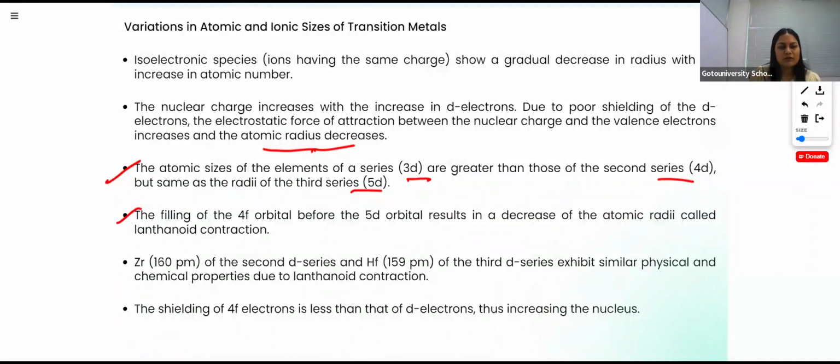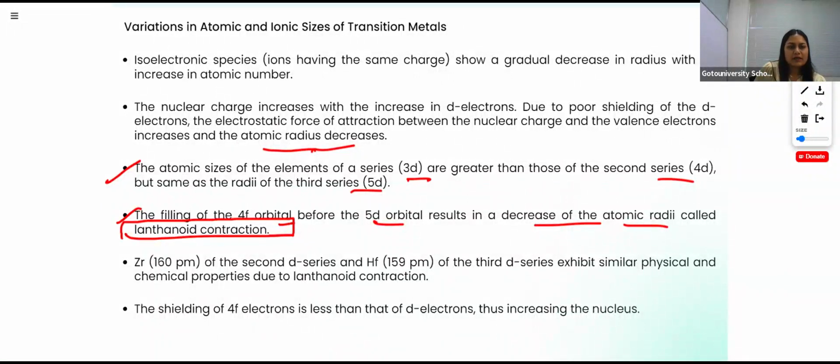Understood? Now, the filling of 4f orbital before the 5d orbital will also result in a decrease in atomic radii. That is called lanthanide contraction. We will discuss in detail about the lanthanide contraction in the next class.